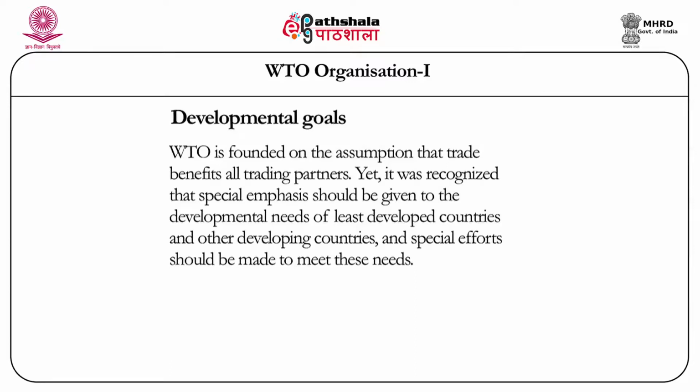Yet it was recognized that special emphasis should be given to the development needs of least developed nations and other developing countries, and special efforts should be made to meet these ends.